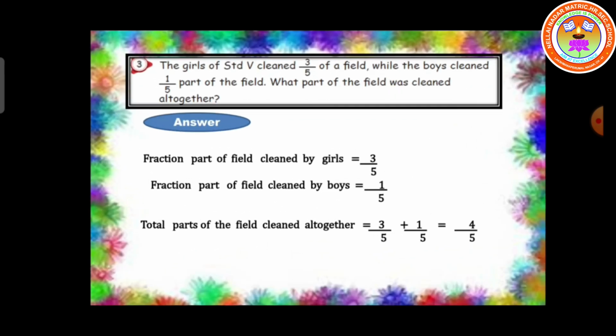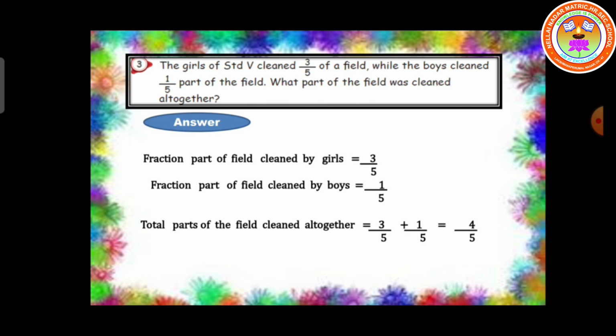Next. The girls of standard 5th cleaned 3 by 5 of a field, while the boys cleaned 1 by 5 part of the field. What part of the field was cleaned all together? Let us see the answer. Fraction part of field cleaned by girls is equal to 3 by 5.